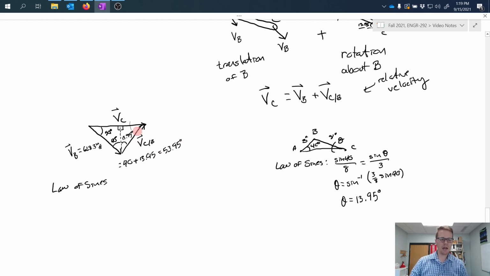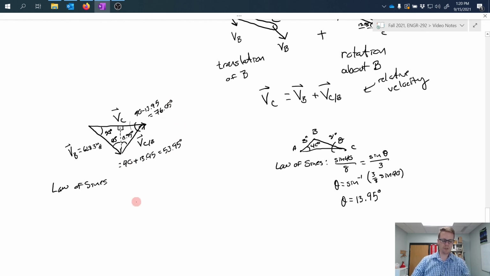Finally, I want to get the angle on this side, which corresponds to velocity of point B, and that angle I can see right away is going to be 90 minus 13.95, which means that it's going to be equal to 76.05 degrees.